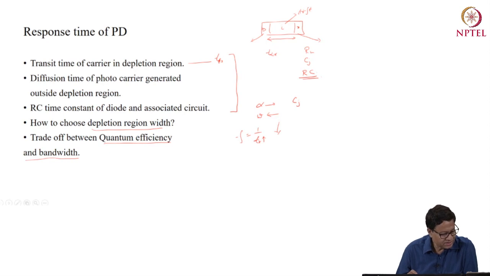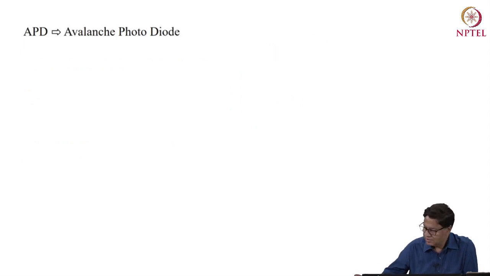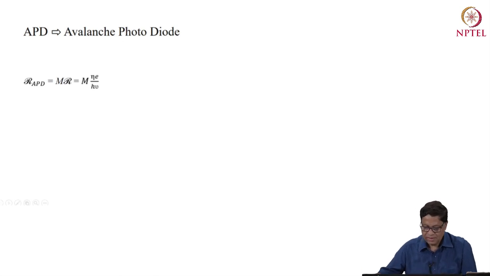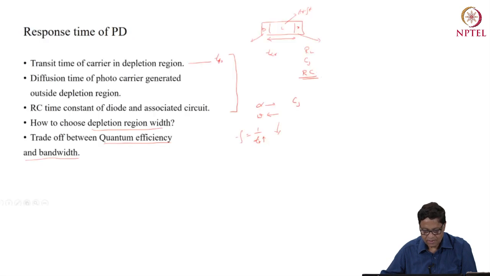So generally, this value is kept as W equal to 2 by alpha or 3 by alpha, where alpha is in between in this range.